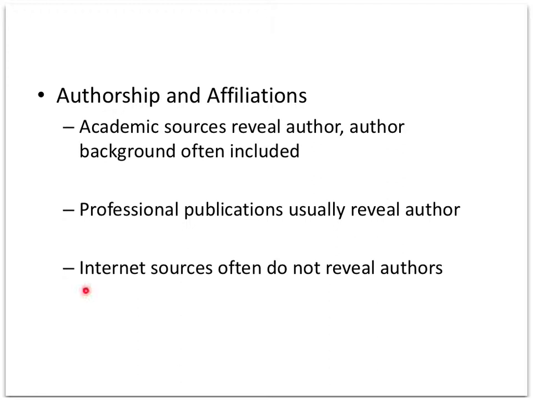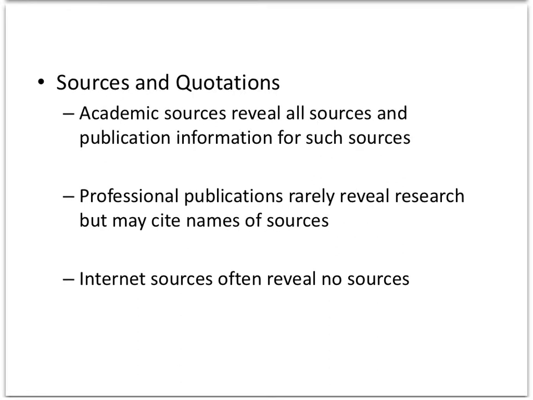Internet sources, since generally they do not reveal authors, kind of leave you in the dark, as it were, regarding the authors, any affiliations they may have. With professional publications, we can safely assume that whatever agendas the publisher has, the author of that publication will have that agenda as well. Internet sources, largely there's no way to tell.